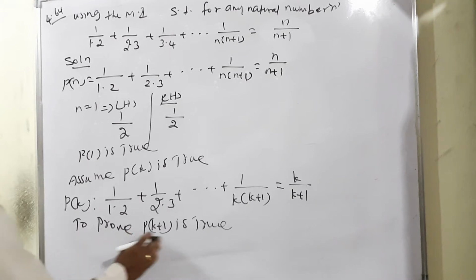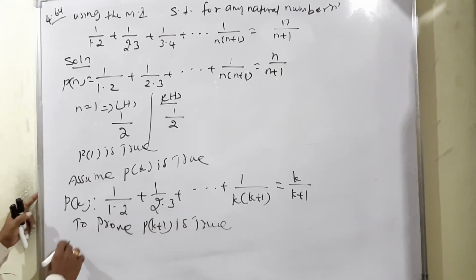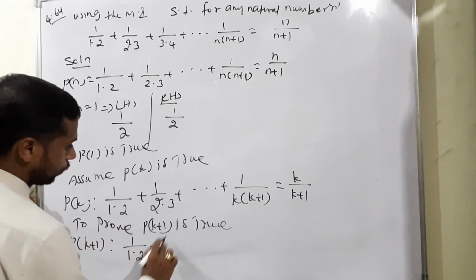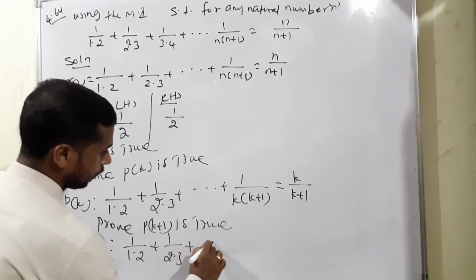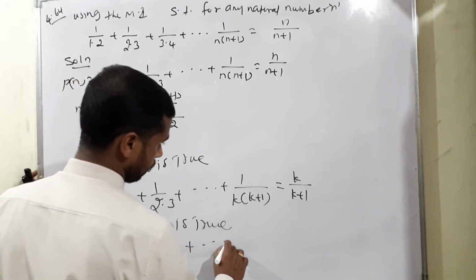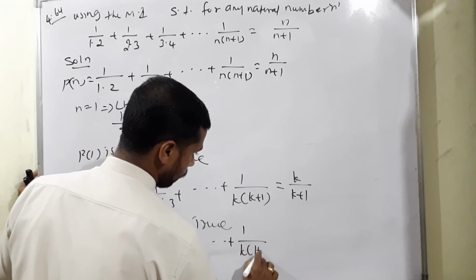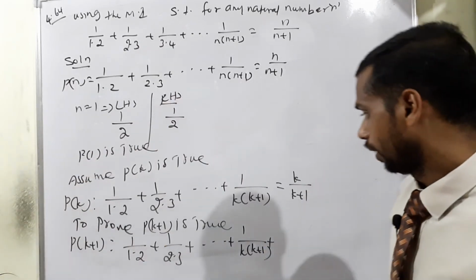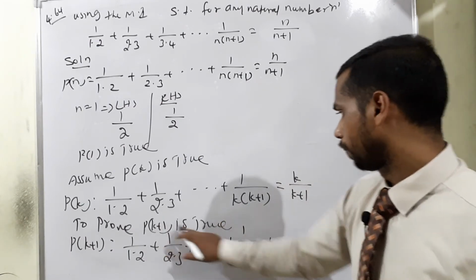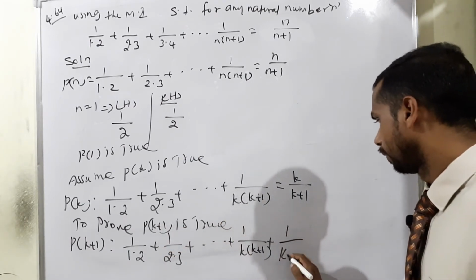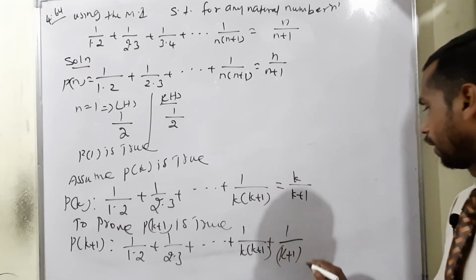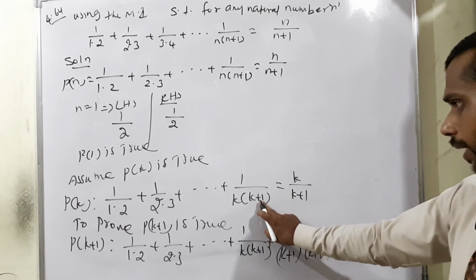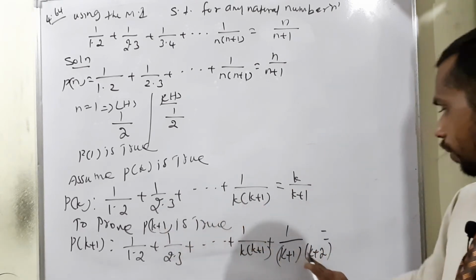To prove P of k plus 1 is true, here P of k plus 1 is 1 by 1 into 2 plus 1 by 2 into 3 dot dot dot 1 by k into k plus 1, then plus, instead of k we have to take k plus 1, 1 by k plus 1, and inside we write k plus 2, because already plus 1 is there, here also plus 1, therefore plus 2 will come.